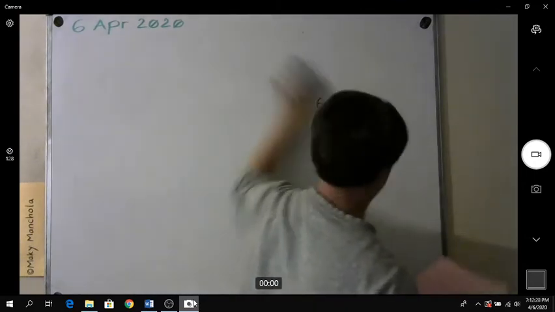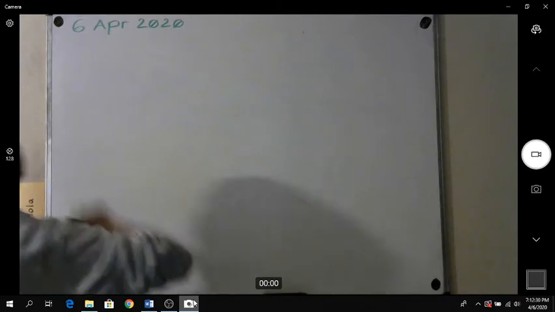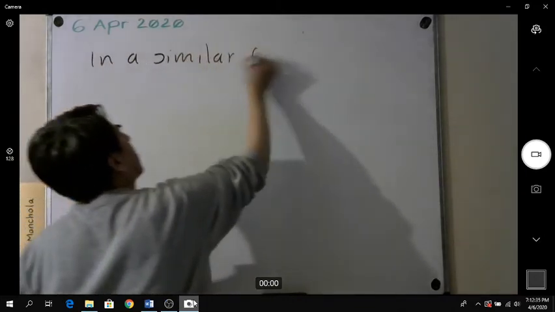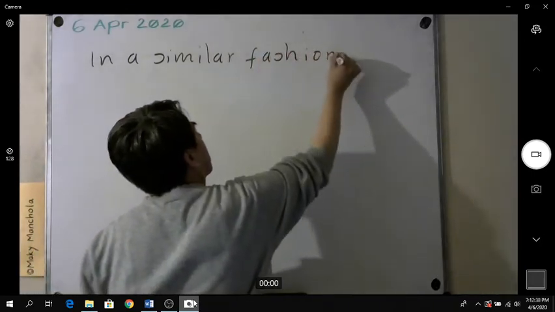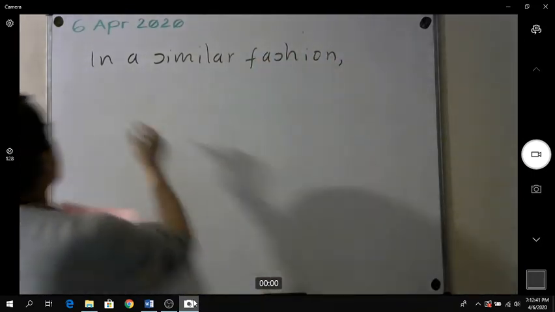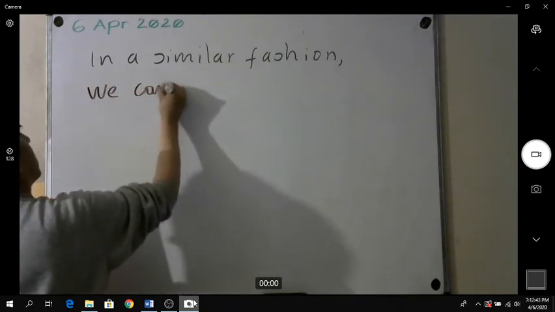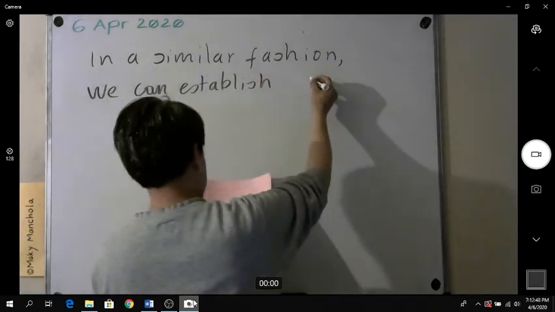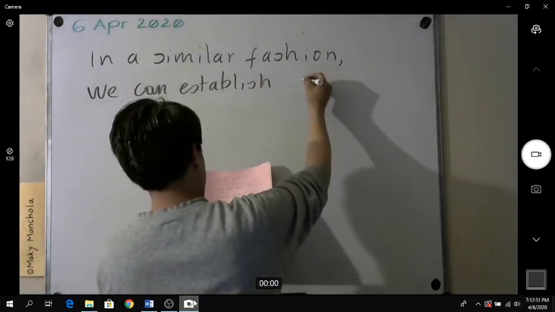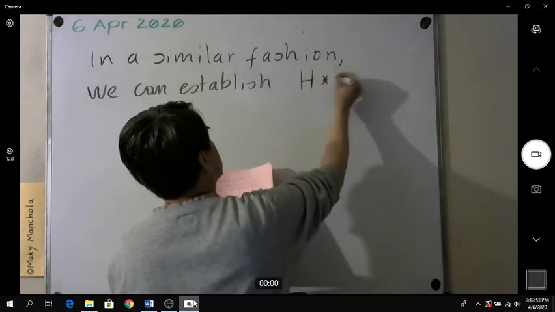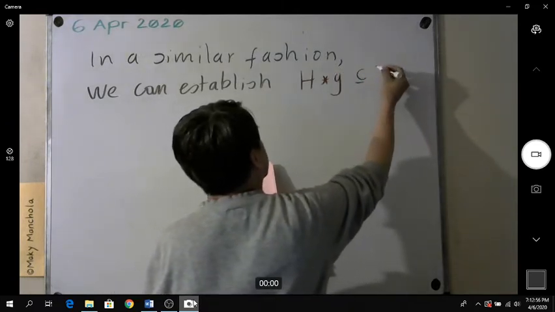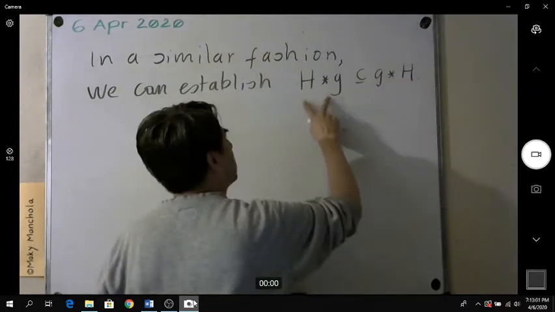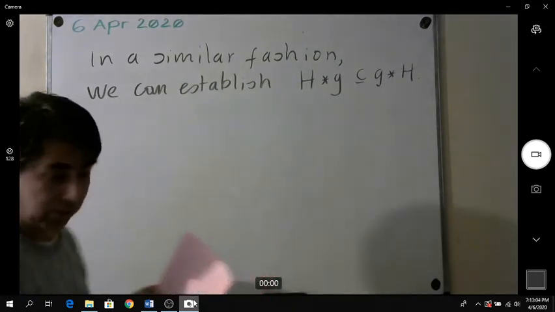So in a similar fashion, we can establish that the right coset H star g is a subset of g star H. Once you have that these two are subsets of each other, that's when you get that they have to be equal.